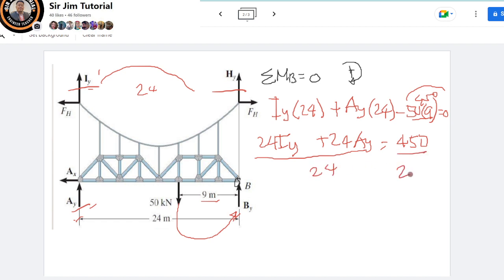It follows that IY plus AY is equal to, let's see, get a calculator, 18.75. This will be our first equation.